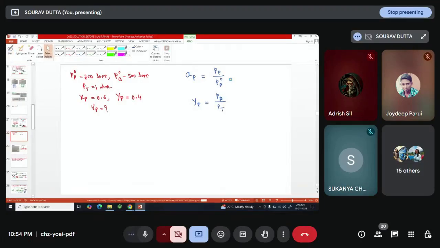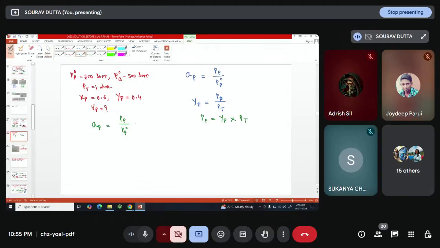It is known to you. So you can also write partial pressure of P equals mole fraction of P in the vapor state into total pressure. Now activity of P equals partial pressure of P divided by partial pressure of P in the pure state. In the case of partial pressure of P, I want to write this one.